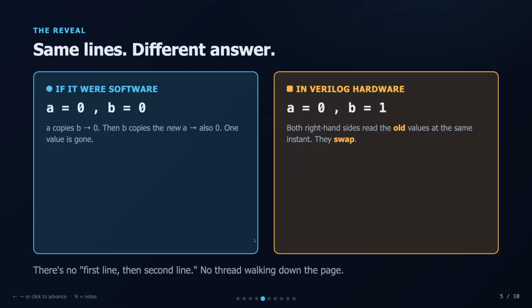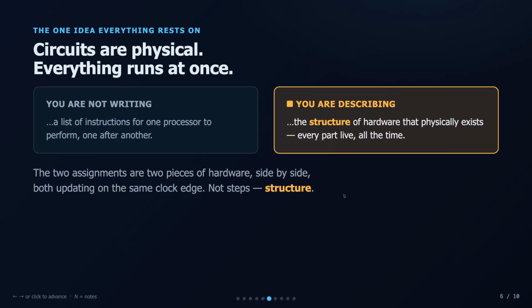So these happen simultaneously, and this is truly just a swap. This is one aspect that matters whenever you start thinking about describing circuits in Verilog.